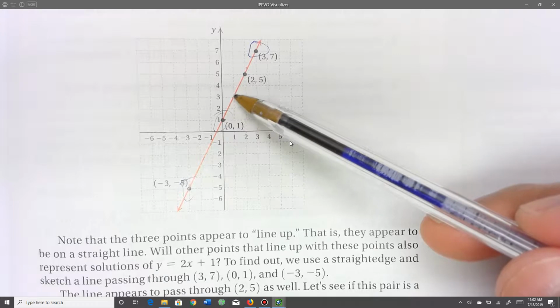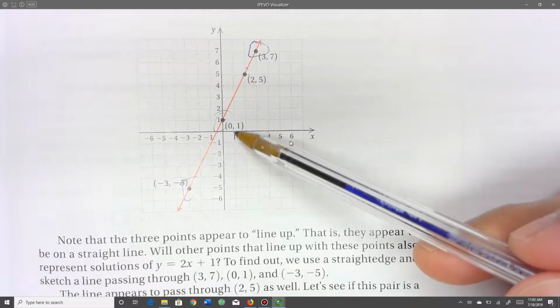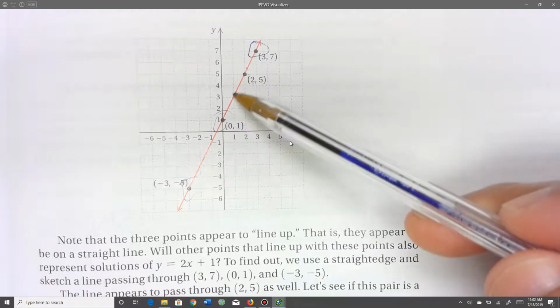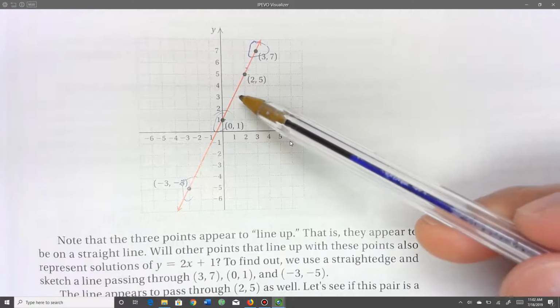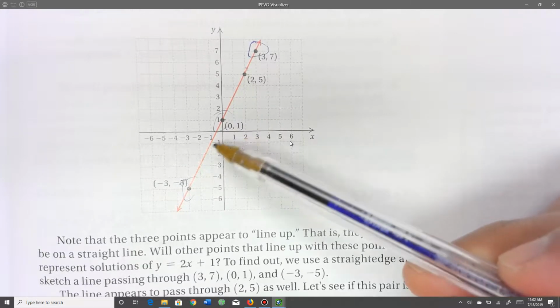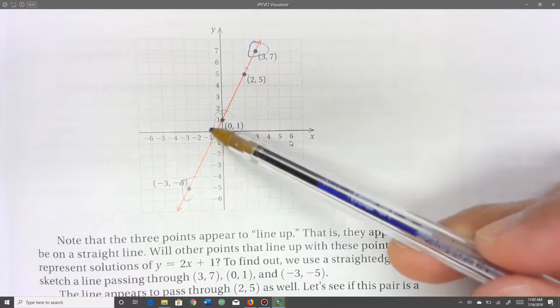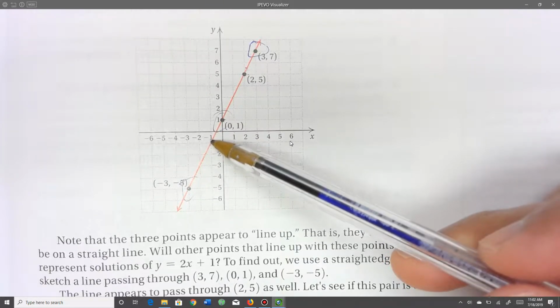See, like right there, that's another point that you can look at and see that it has a value of x equals 1 and a value of y equals 3. So that's another point that you can use. Here it crosses at this intersection, so that's another point you can use right there.